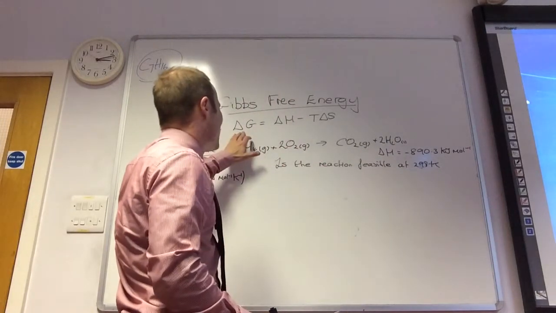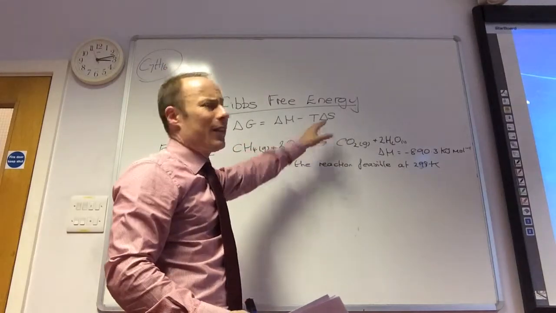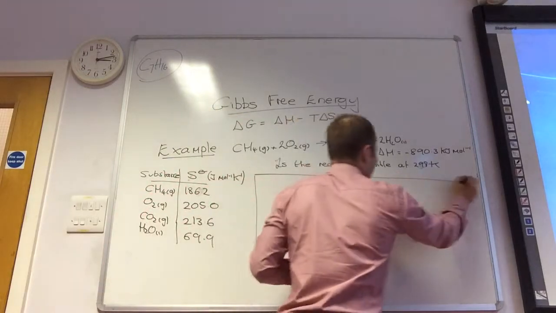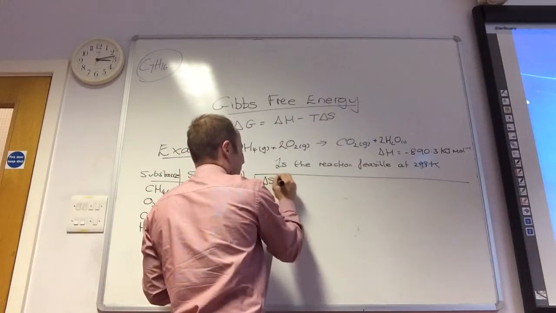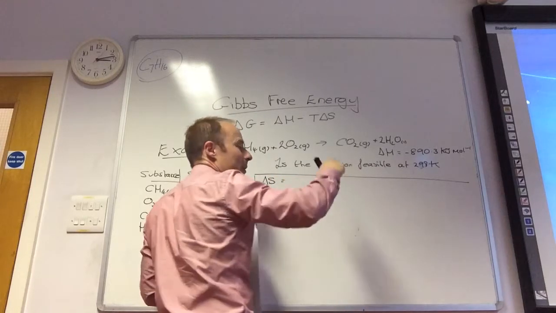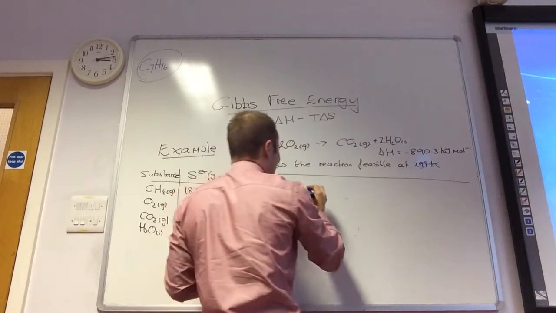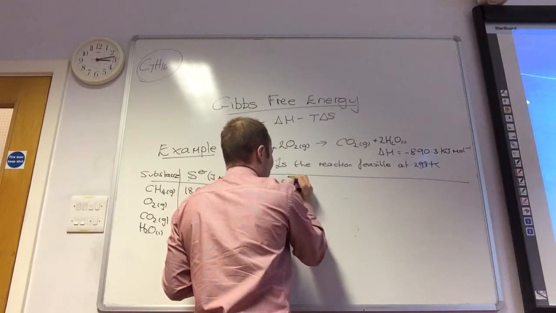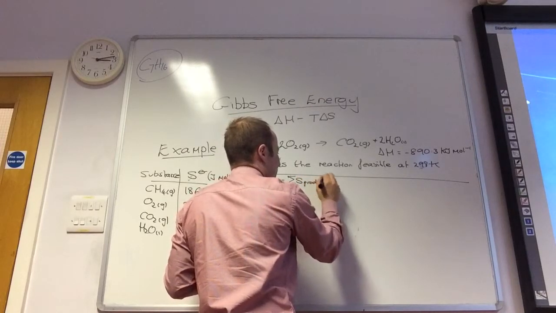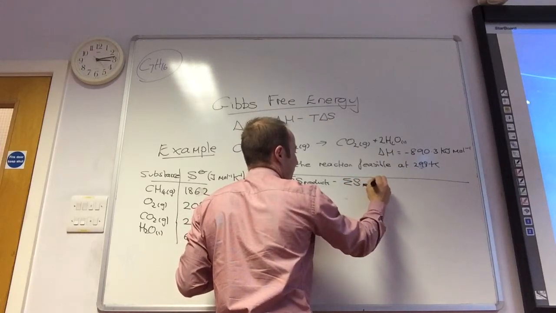I need to work out Gibbs free energy at 298 Kelvin, so I therefore need to calculate delta S. Delta S, remember, is the sum of the entropy of the products minus the sum of the entropy of the reactants.